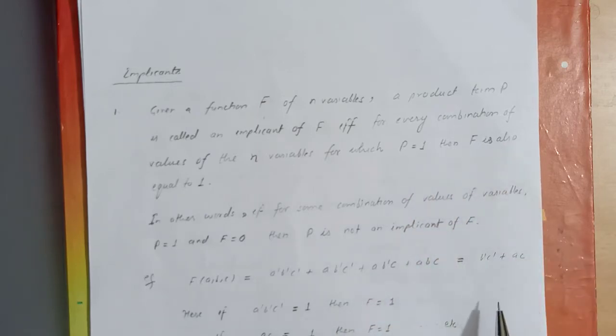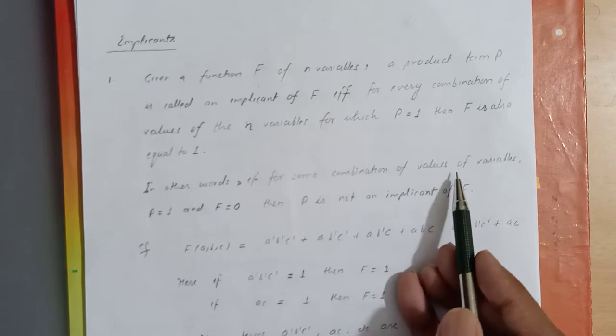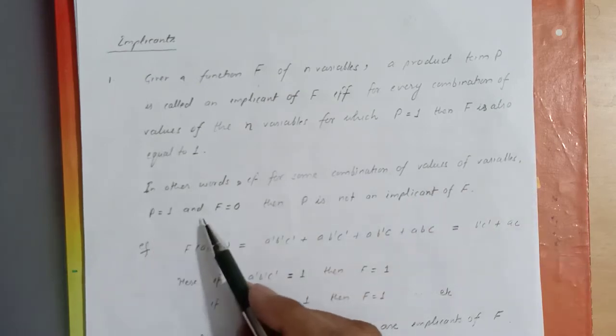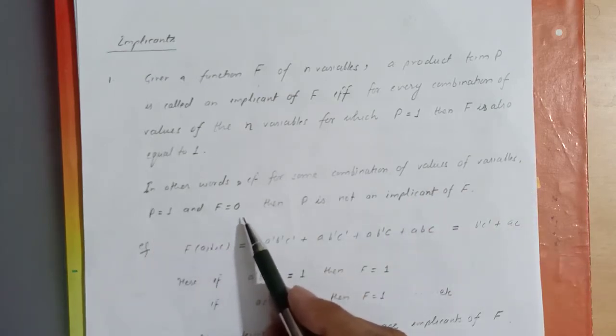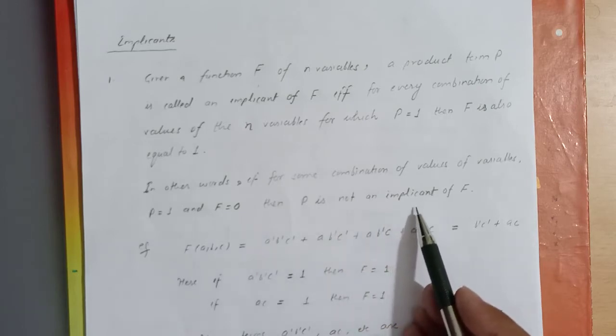So this is the formal definition of an implicant. If for some combination of variables p is 1 and f is not equal to 1, then p is not an implicant, do remember.